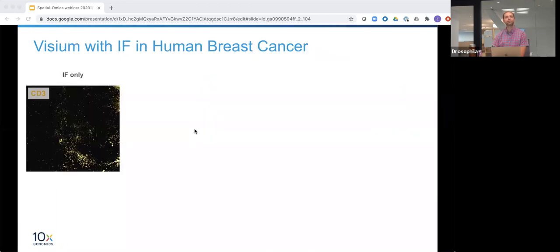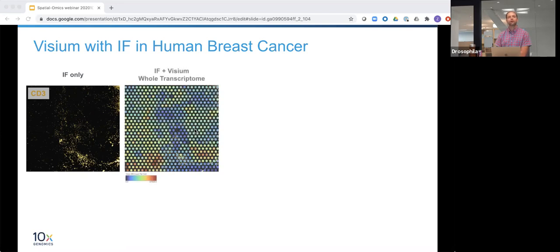So this is an example looking at human breast cancer. We're looking in this case at CD3 staining. You can see that there's definitely regions with kind of high CD3 markers. If you look at just the immunofluorescence plus the whole transcriptome, these are total UMI counts.